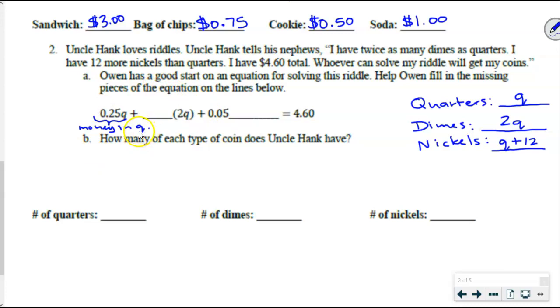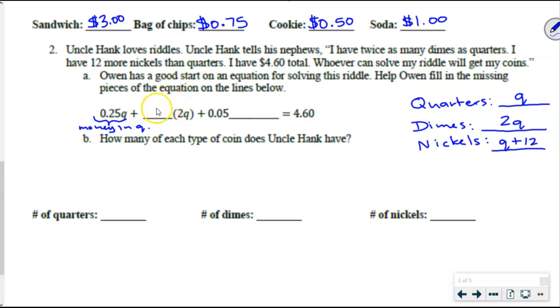Go talk with your groups. Okay, and now come back to me. What goes in this blank spot? If 2Q represents how many dimes we have, what goes in the blank spot?